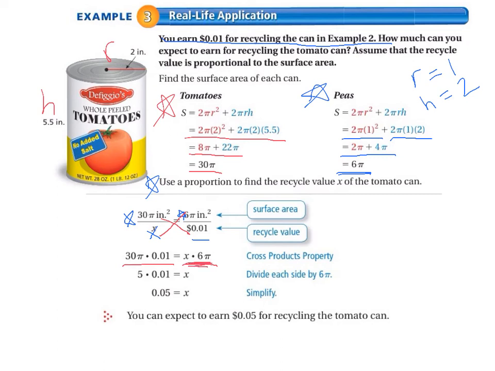If we divide this side by 6 pi, 30 pi divided by 6 pi is 5. So we have 5 times our 1 cent equals x. And then we simplify and we have 5 cents equals x. So we can expect to earn 5 cents for recycling the tomato can.